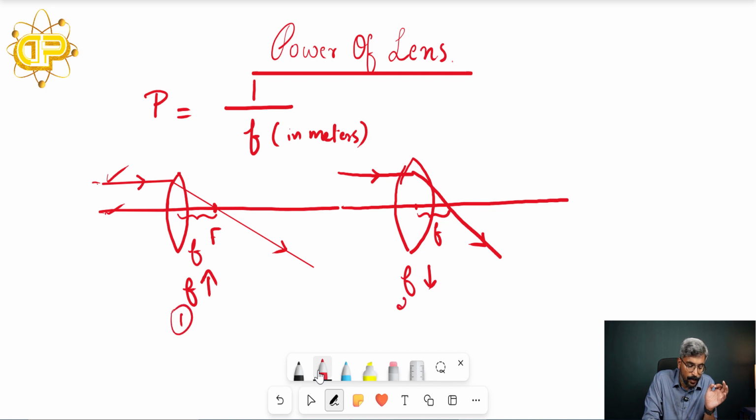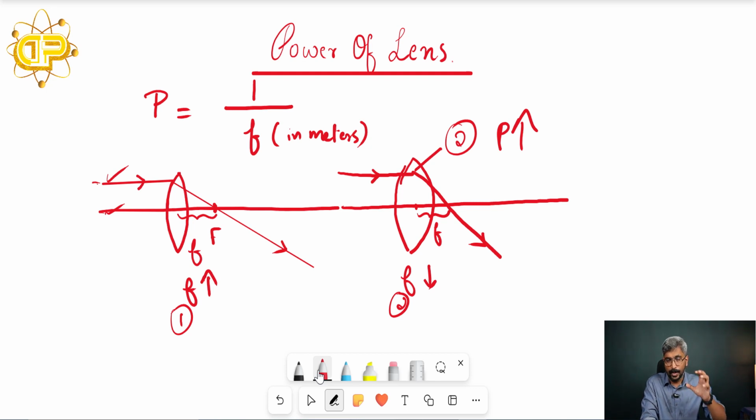That means in the second case the power is higher, because it converges the light more than the first case, and the focal length is shorter.